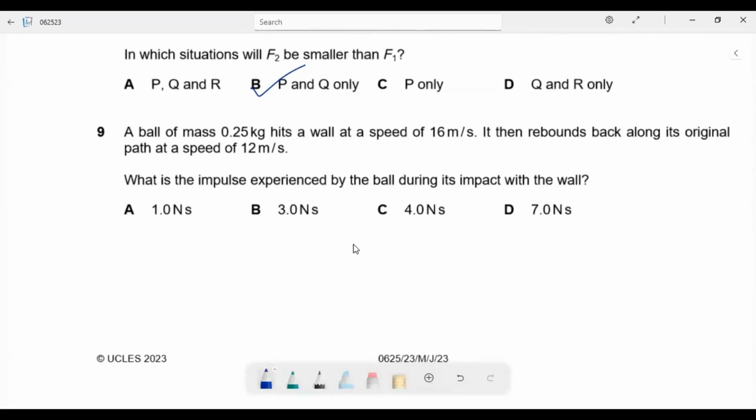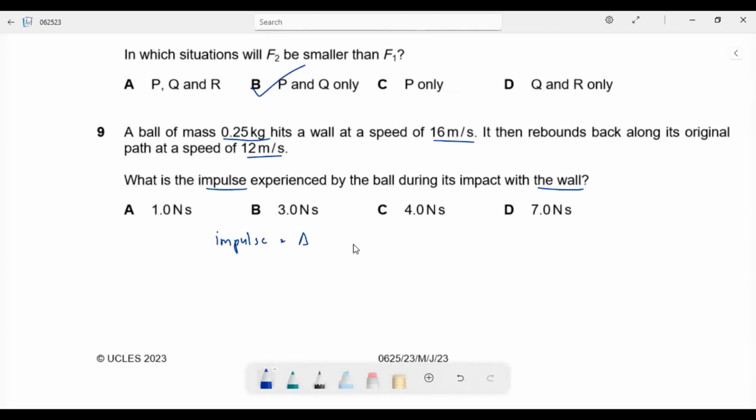A ball of mass 0.25 kg hits a wall at a speed of 16 meter per second. It rebounds back along its original path at a speed of 12 meter per second. What is the impulse experienced by the ball during its impact with the wall? So we need to find the impulse.